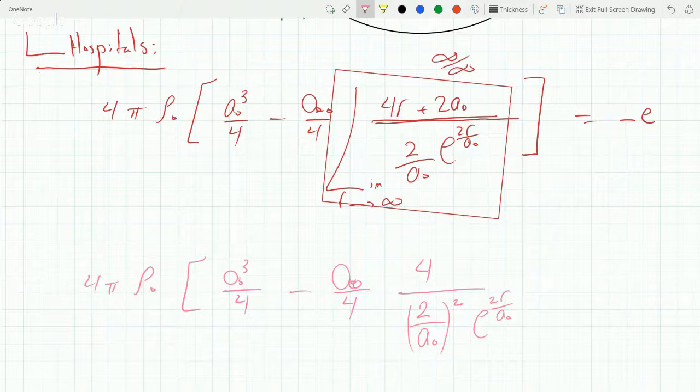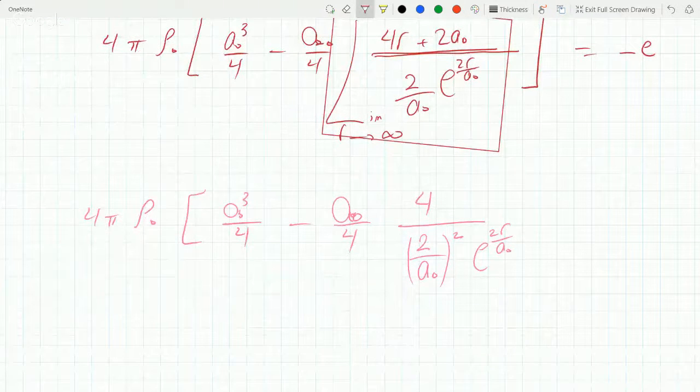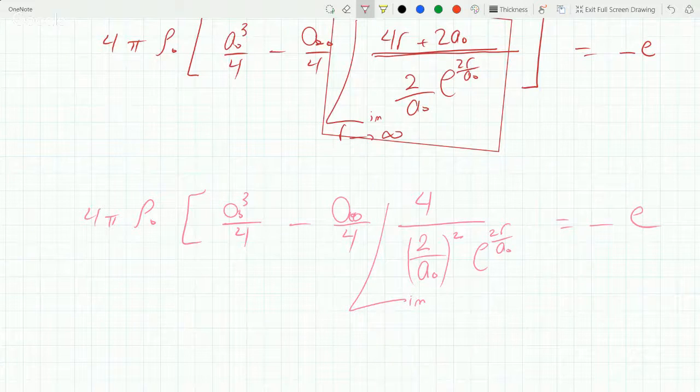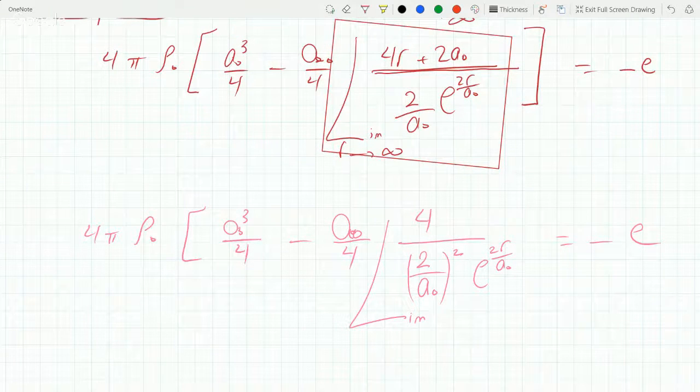So we get 2 over a0 squared, and we're going to take the limit, and this is equal minus e here, as r goes to infinity.